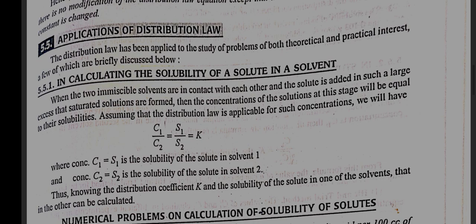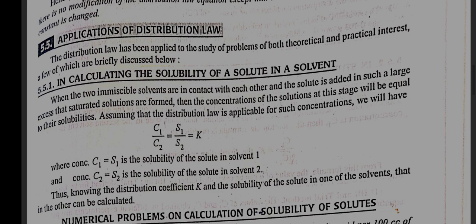Application of distribution law. First, in calculating the solubility of a solute in a solvent. When the two immiscible solvents are in contact with each other and the solute is added in such a large excess that saturated solutions are formed, then the concentration of the solutions at this stage will be equal to their solubilities.